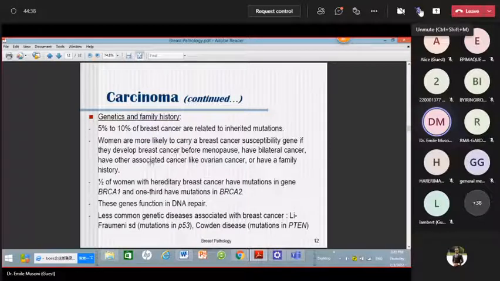We can do a check if there is a risk of having cancer in the family. In the case of breast, we also measure the tumor suppressor p53, but there is a long list of genes involved in cancer, the most common being BRCA1 and BRCA2.